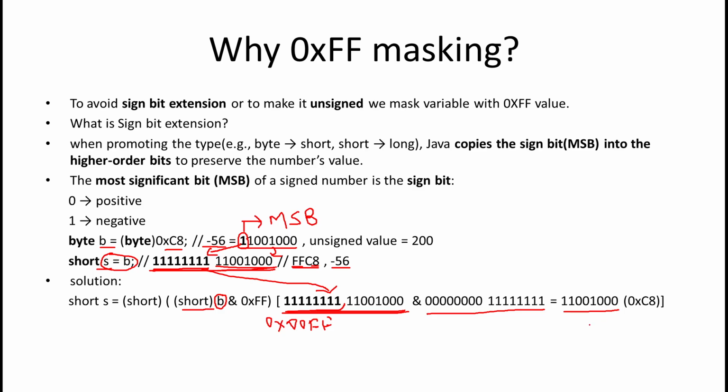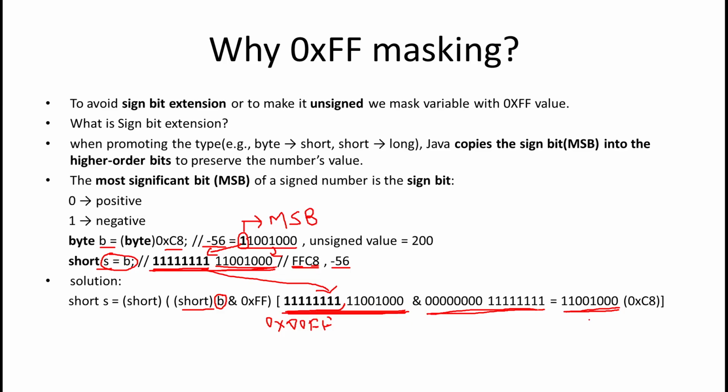So when we perform AND on these 16-bit binary values with 0xFF, the resultant value will be this. The high order bits will be 0, and we get the actual value.